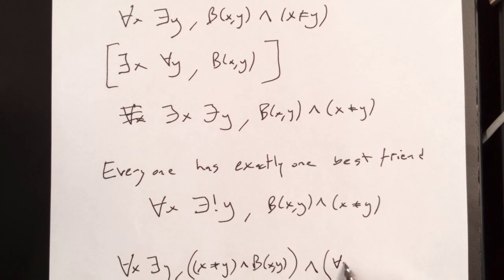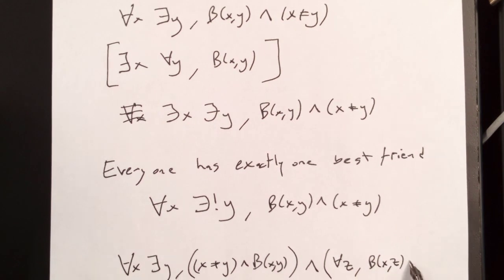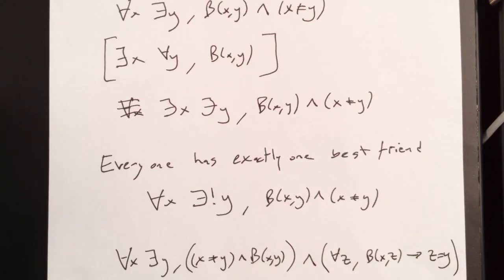For anyone else, I had to bring in a third person. For anyone else, if that person is X's best friend, then really, you picked Y again. This is my best friend, Y. This is my best friend.